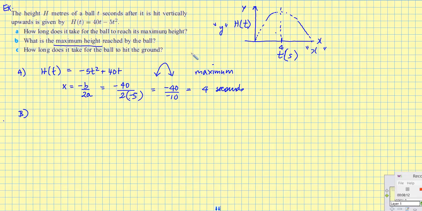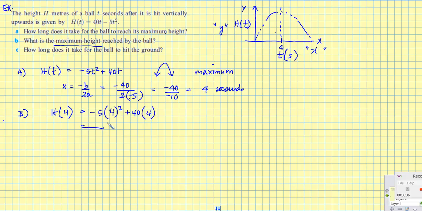All right, so in part B, we are asked, what is the maximum height that the ball reaches? So that means that it's asking for the y value for the height, because the height is our y value on the parabola, or in this graph. In order to figure that out, I do h at 4 seconds has to equal negative 5 times 4 squared plus 40 times 4.